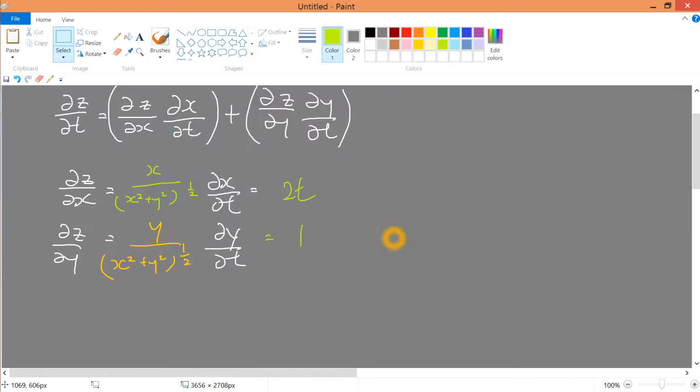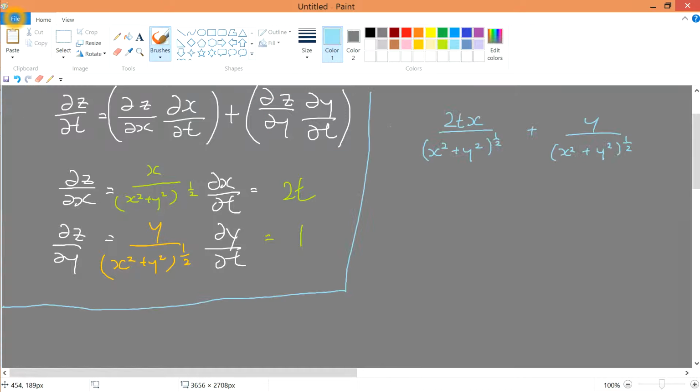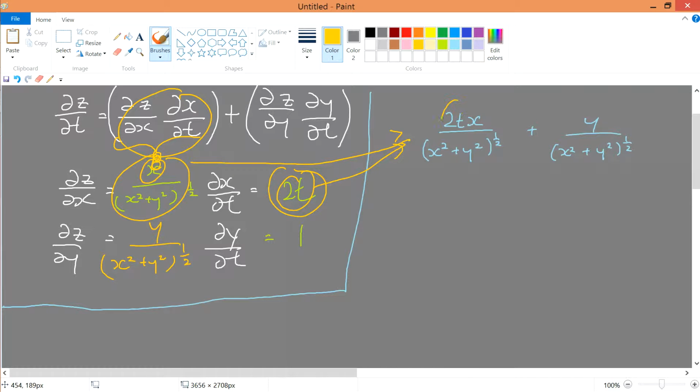So to make it efficient, hold on. Ta-da! I've just written them. So I'm basically taking this chunk over here with this and this, and I'll just put it over here. So 2x times 2t, I put it, and then the denominator is over here.